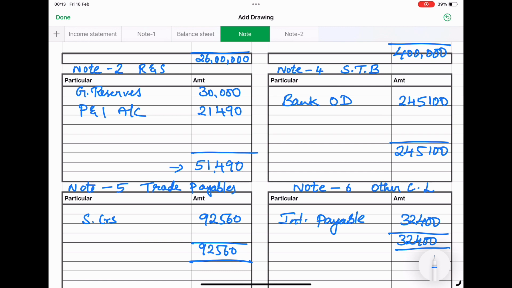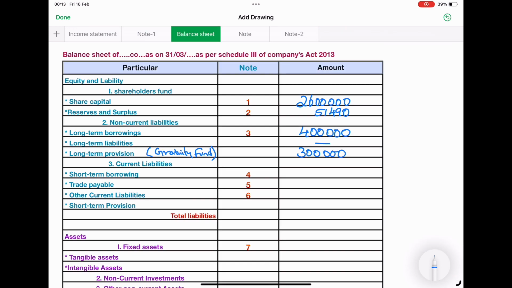Again I have solved 3 notes, so I'll write these values in the balance sheet format. Okay, how much bank owed? I'll write here bank overdraft, note 4 value we are having 2,45,100, and trade payable we have calculated, isn't it?